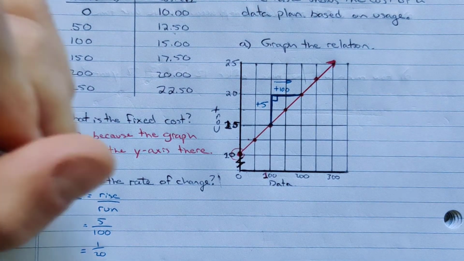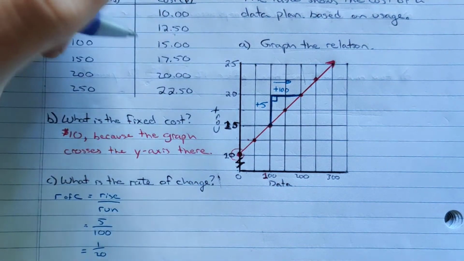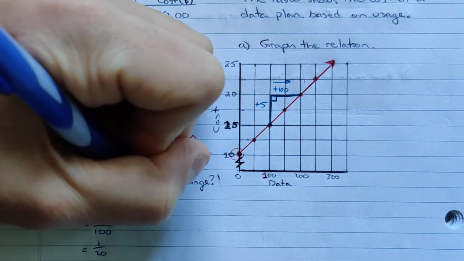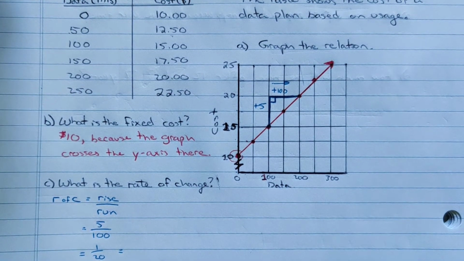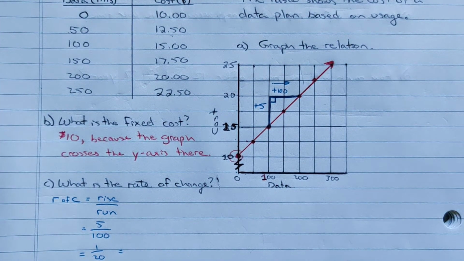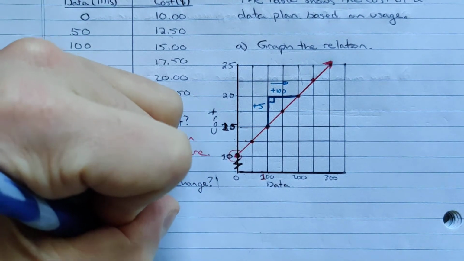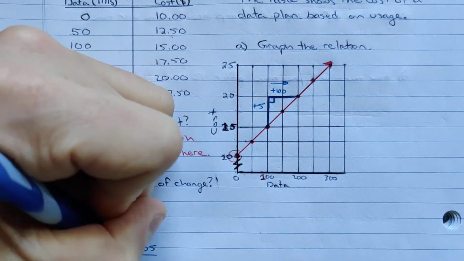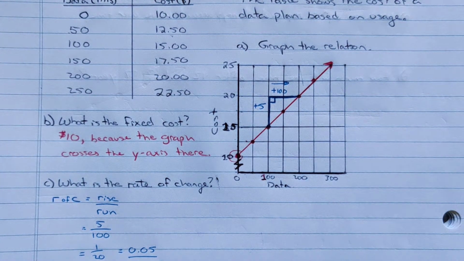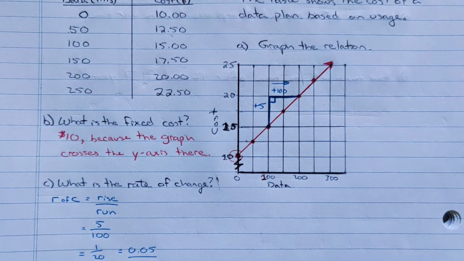And we can even write that as a decimal if you wish. As a decimal, the rate of change would equal 1 divided by 20, and you would get yourself 0.05. So the rate of change is 5, meaning that for every megabyte of data, we're going up by 5 cents.